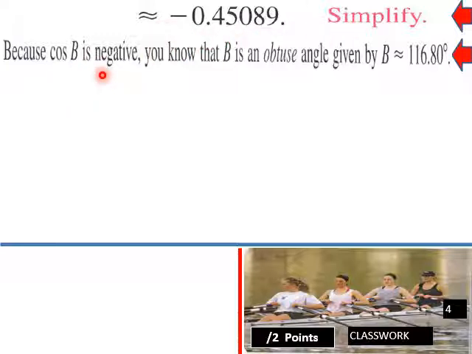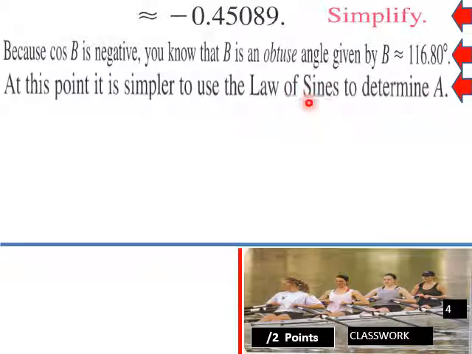Because cosine B is negative, you know that B is an obtuse angle, given in this case by 116.80 degrees.